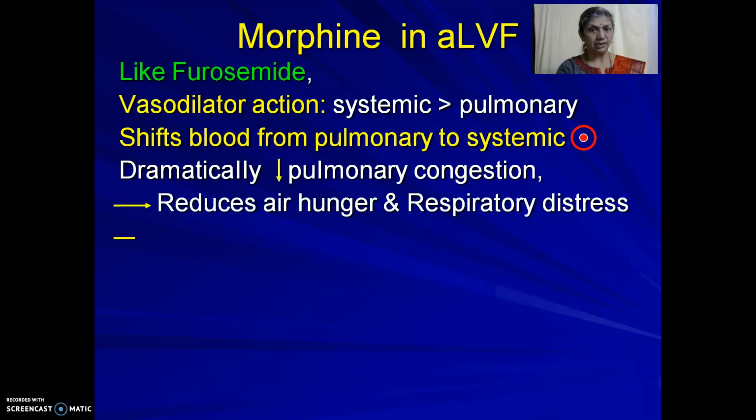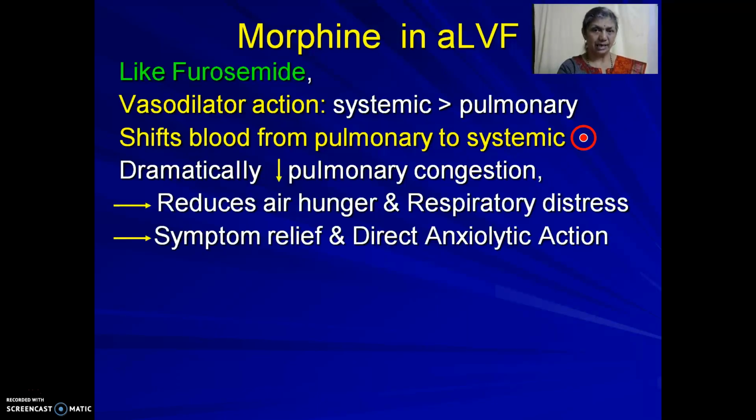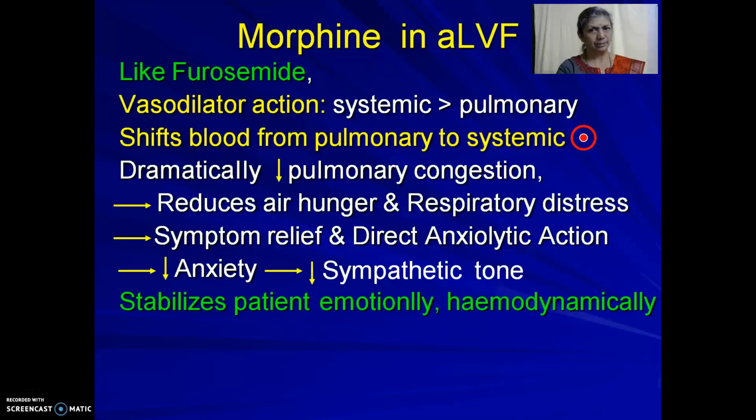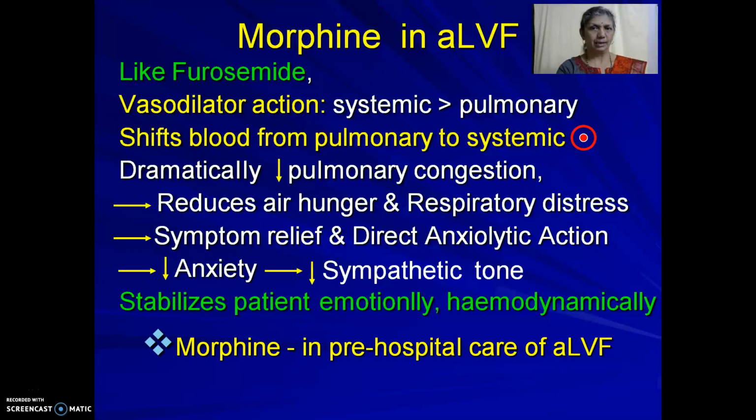Reduction in respiratory distress would reduce the patient's anxiety by reducing the symptom, and plus morphine has direct anxiolytic action. So the role of morphine is for its vascular effect and anxiolytic action, because reduction in anxiety would again give us the similar benefits of reducing exaggerated sympathetic tone.